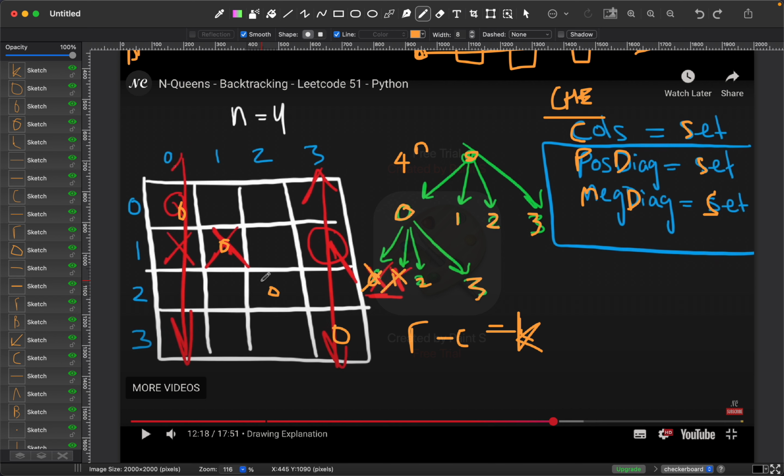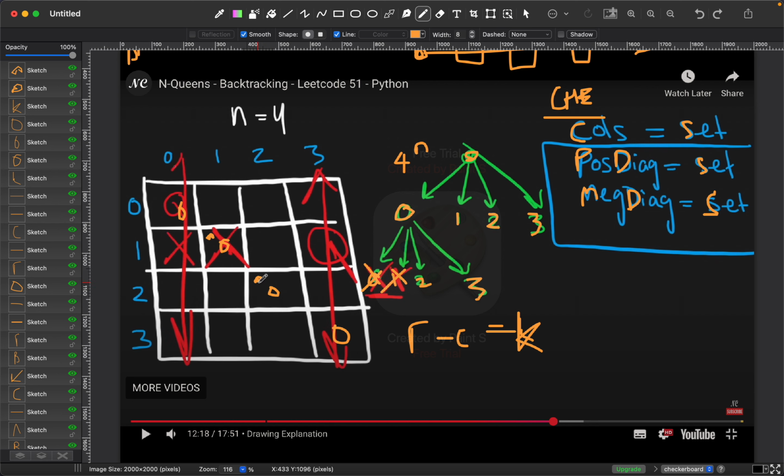So each time you plant this item over here, you get this constant. Then later on, if you try to plant a value over here with the same constant, since an item has already been pre-planted into the set, it's going to say that this guy has the same value as me, I can't allow that.